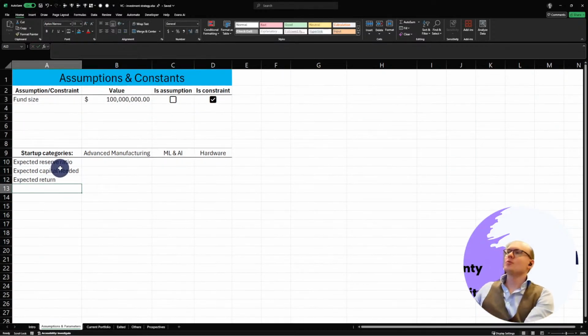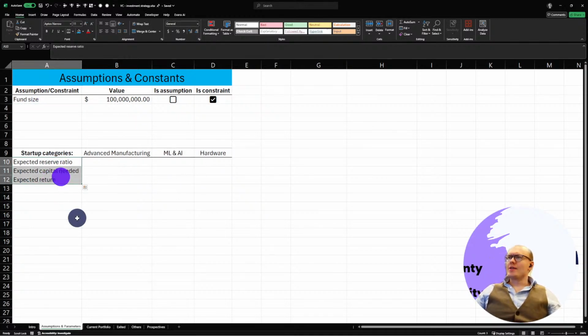Right. So this is again a simplified version, in that we are not going deep into defining what the return would be, for instance, for each portfolio company by building it up from the ground up. Right?